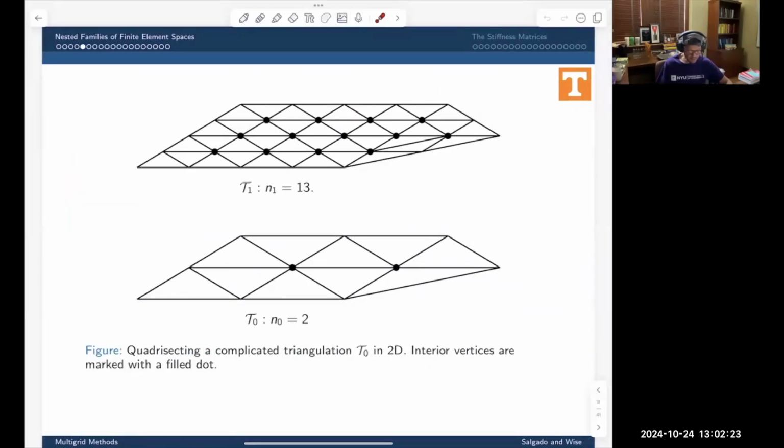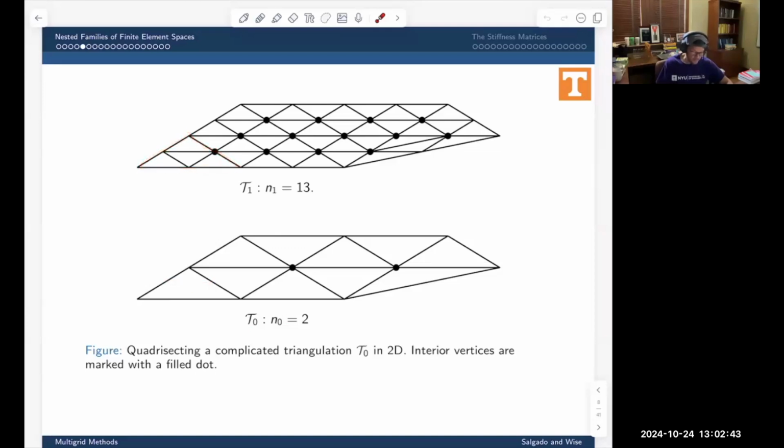Here's an example of a primordial mesh, level 0 mesh that we're going to refine through quadrisection. So each triangle gets quadrisected into 4 subtriangles, or each parent gives 4 children.